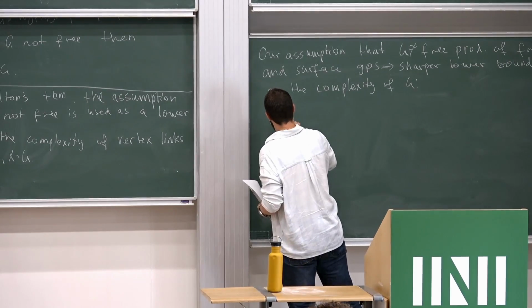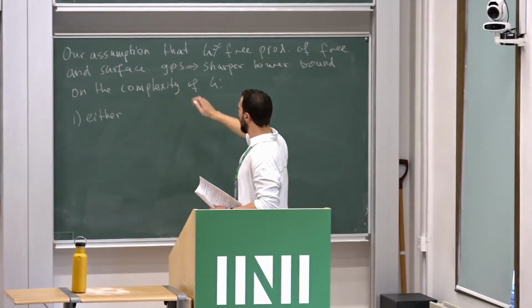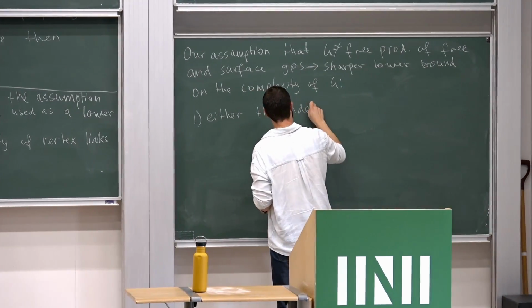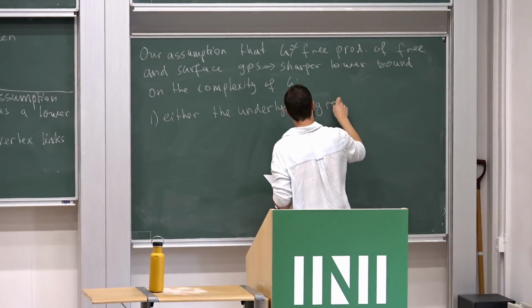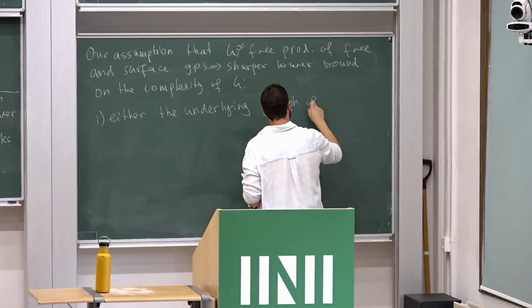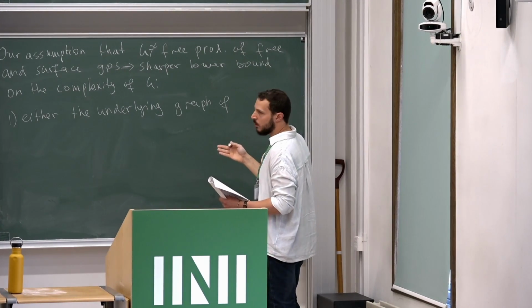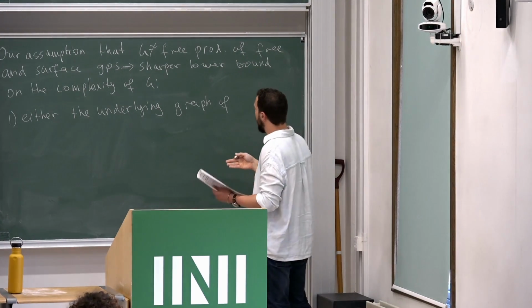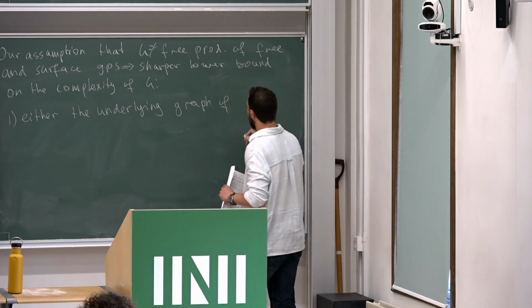So either the underlying graph of G is complicated, and here, the underlying graph of G might not look complicated, but maybe when we refine it into a JSJ decomposition, we can see this complexity.